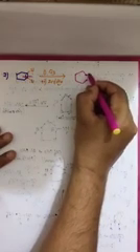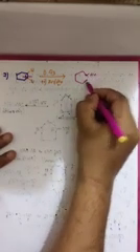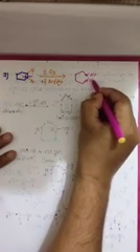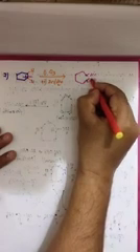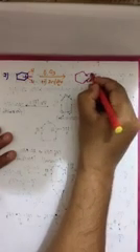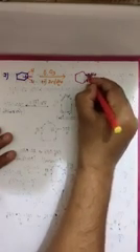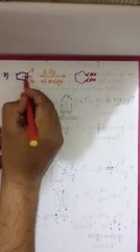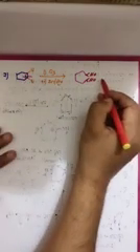Already CH is there, one oxygen adding gives CHO. Already CH is there, one oxygen adding gives CHO. Simple. Where we are breaking the double bond, there you have to add oxygen. Here CH, here CH. Simple. Final product you got.